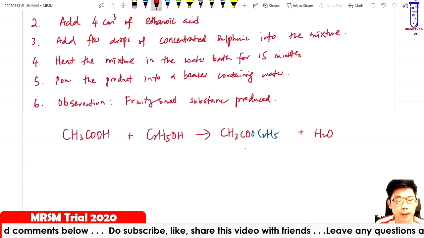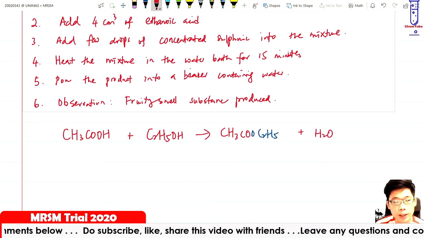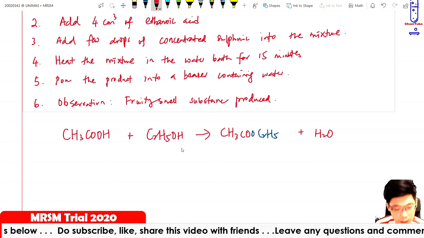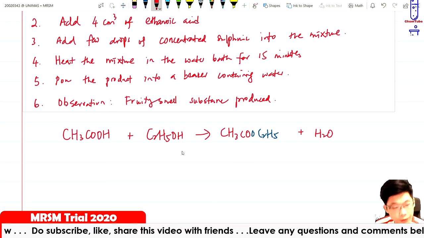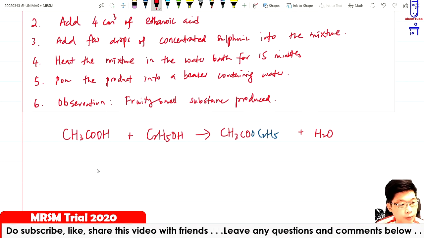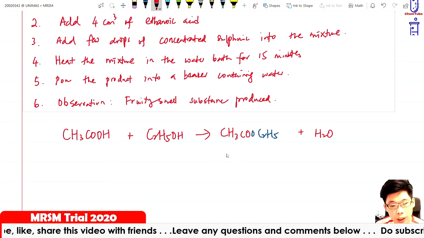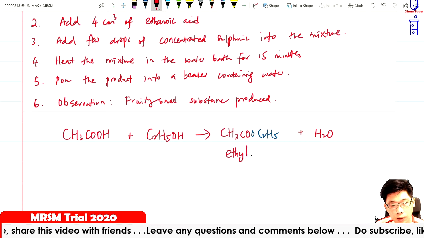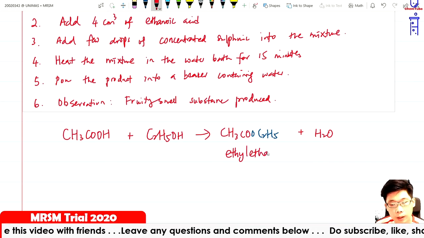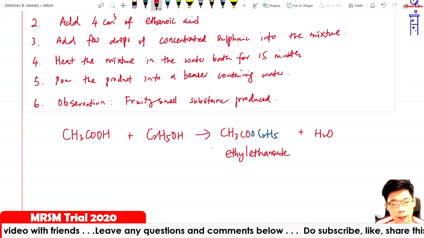So this is the equation. So what is the name for the product? The product formed would be ethyl ethanoate, the ester.